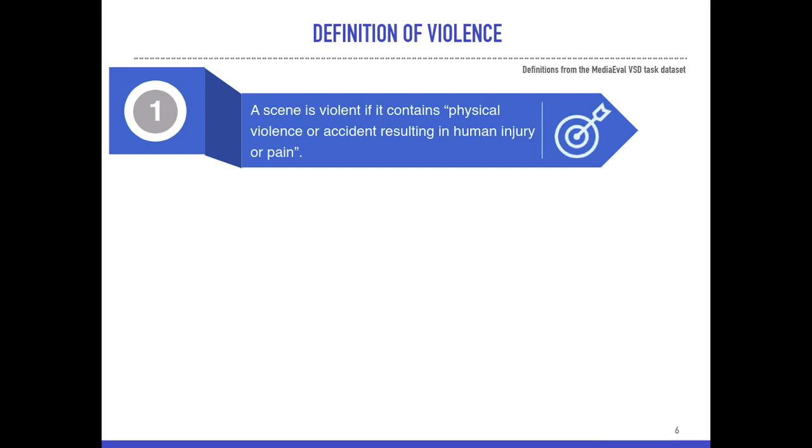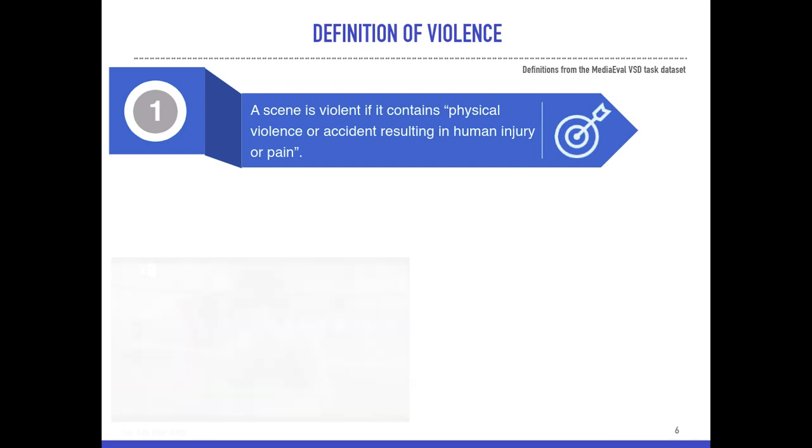This is an attempt at defining violence as objectively as possible. So a human watching a video can always come back to this definition when deciding if a scene is violent. And then we use the way that humans classify these scenes to train, in our case, a neural network to recognize these same scenes as violent. But the thing is, this definition, while being objective, leaves a lot of nuance out.